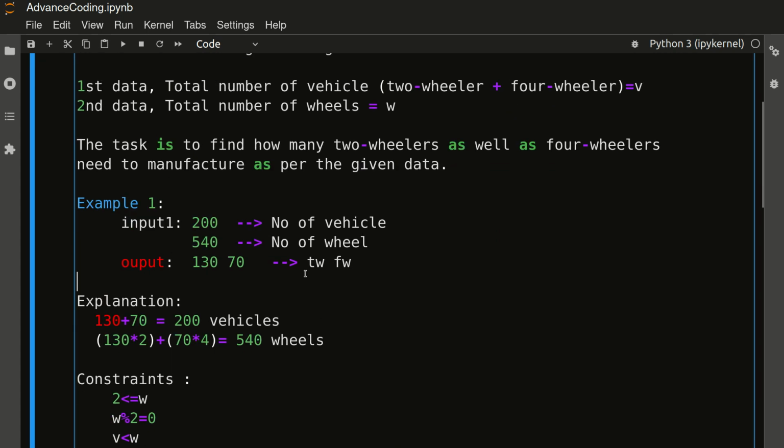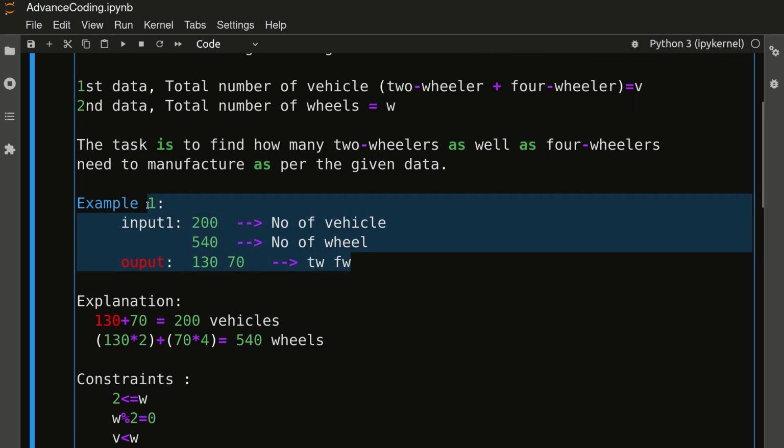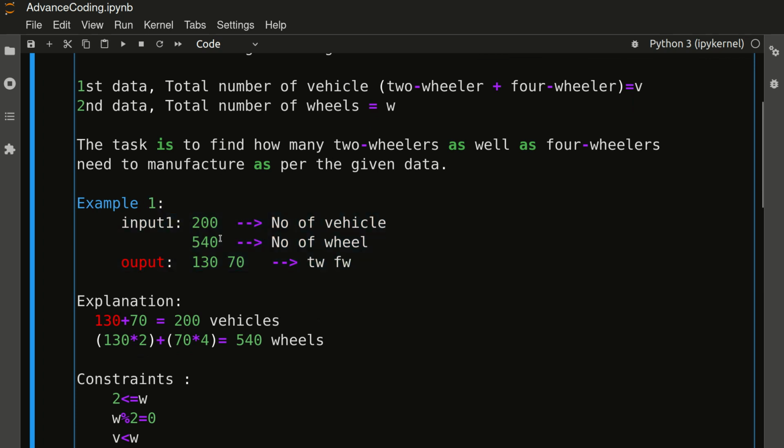So let us understand with the help of an example. This is example number 1. Input will be in this way. There will be two lines. The first line will be a number, the number of vehicles, and the second line will also be a number, which is the number of wheels. Now with the help of these two numbers, you have to find how many two-wheelers and how many four-wheelers can be manufactured.